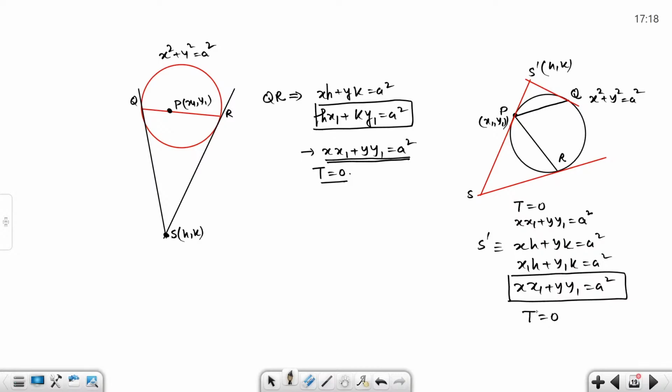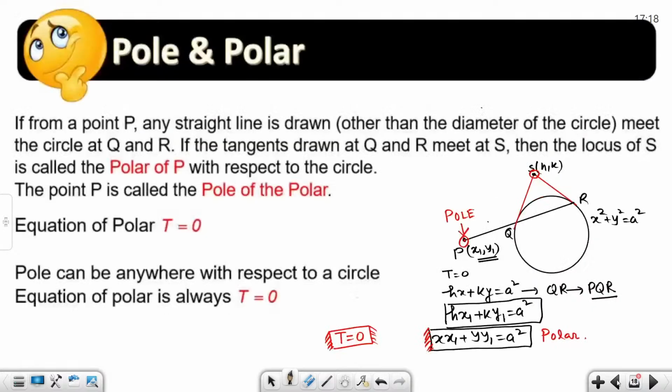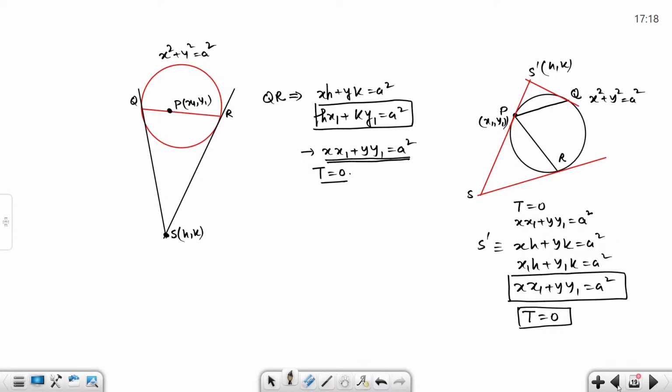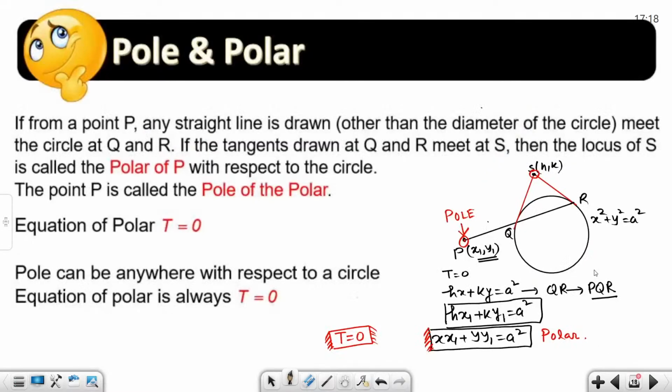But in this case, this T equals to 0, that is the equation of the polar, represents a particular line. And we can see that line is nothing but the tangent at the point P, that is the equation of the tangent at the pole. Okay, so what we have learned, let me just summarize this. We have learned that if the pole, whether it is outside the circle or inside the circle or on the circle, it doesn't matter, the equation of the polar is always T equals to 0.